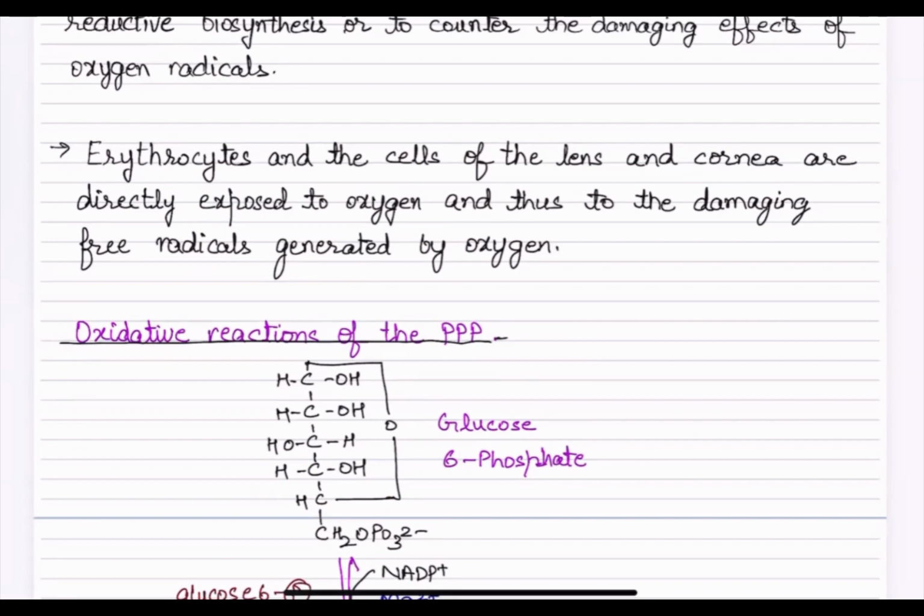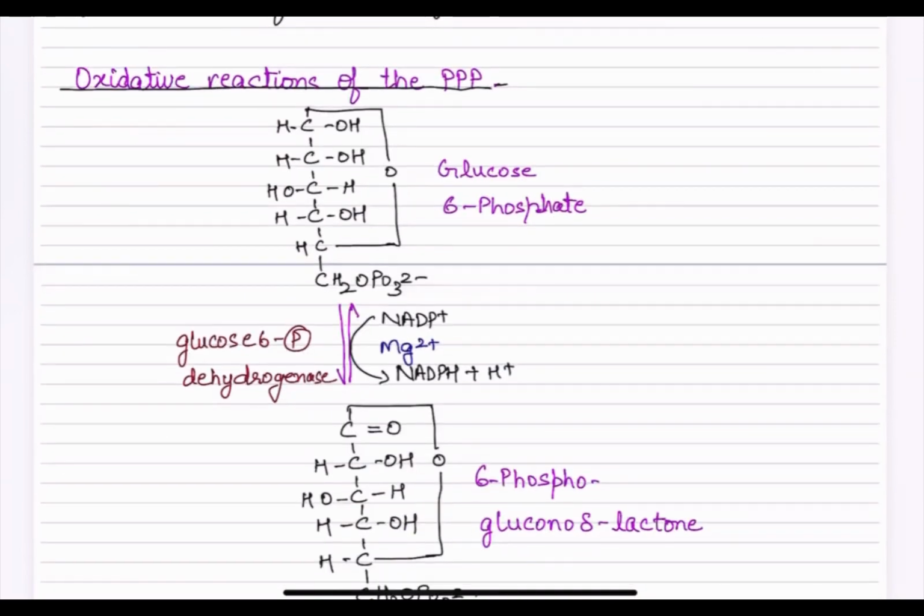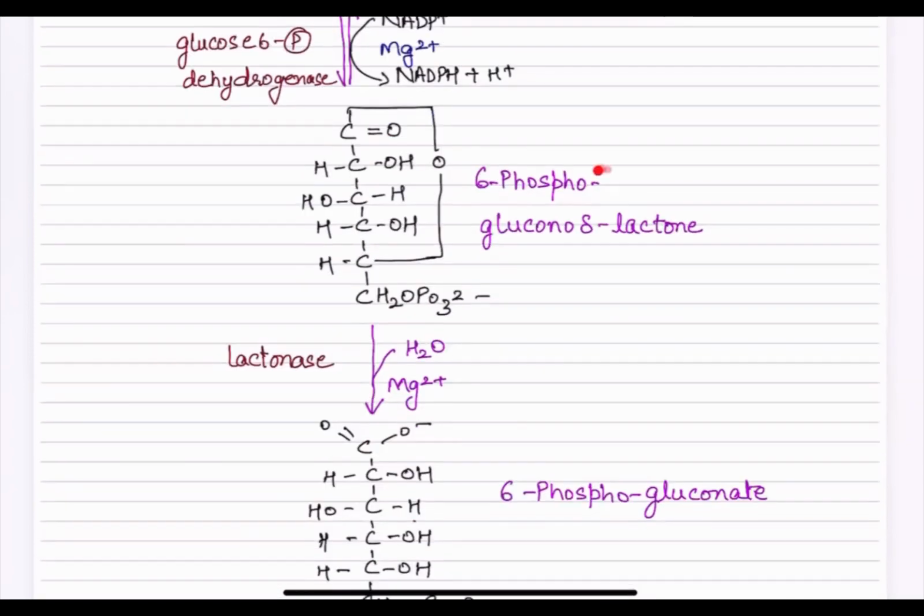Now, in the oxidative phase, glucose 6-phosphate, which has been produced by hexokinase enzyme, gets converted into 6-phosphogluconolactone with the help of the enzyme glucose 6-phosphate dehydrogenase. In this reaction, NADPH molecule is synthesized. Further, this 6-phosphogluconolactone gets converted into 6-phosphogluconate with the help of the enzyme lactonase.